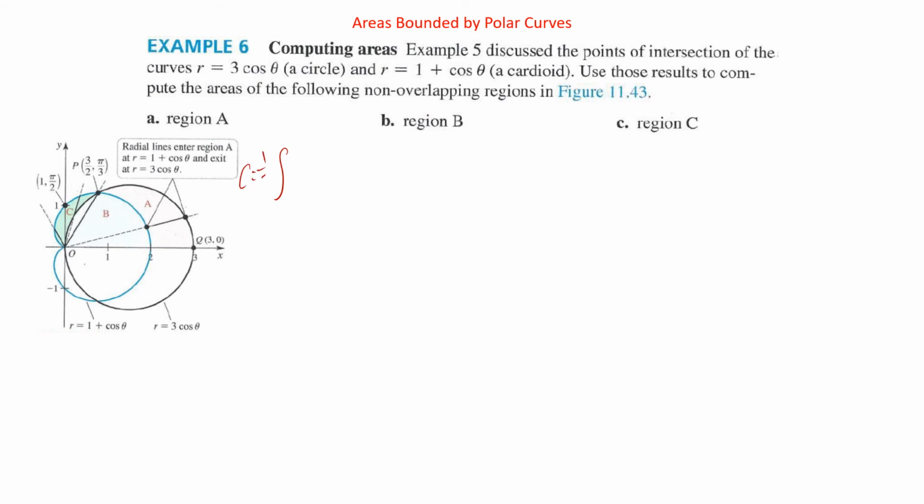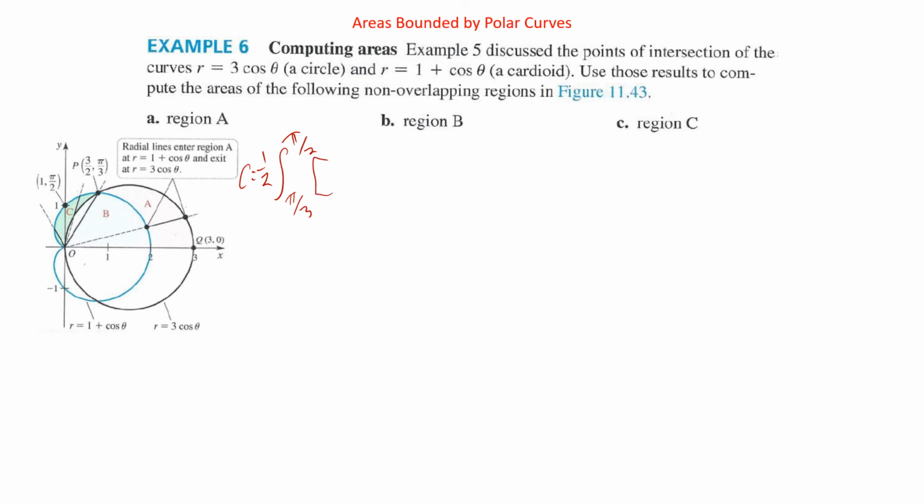So C will be 1/2 of the integral from pi over 3 to pi over 2 of the cardioid minus the circle.